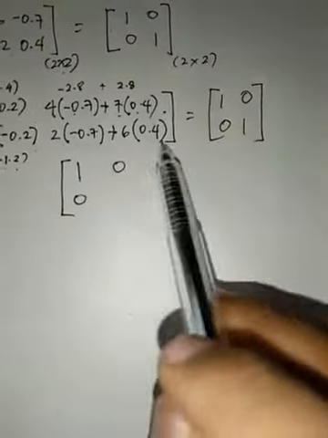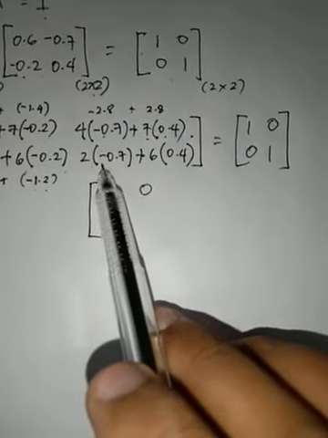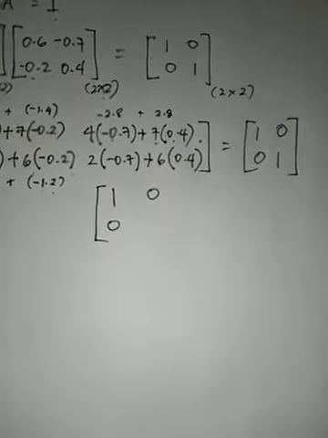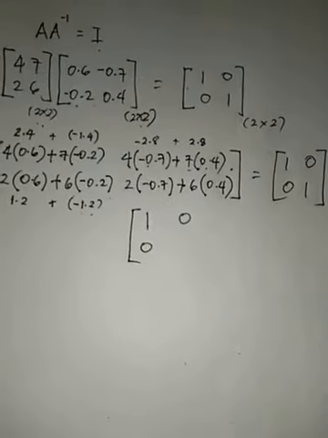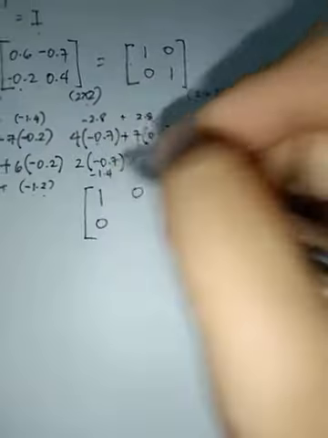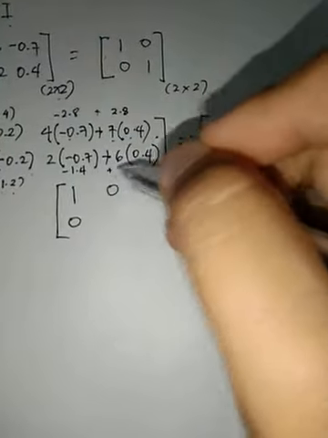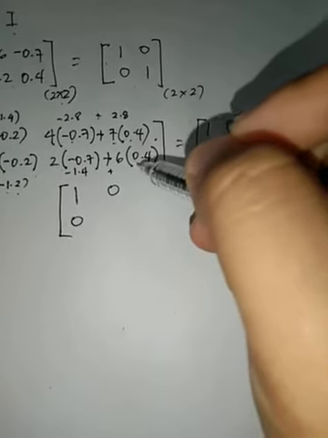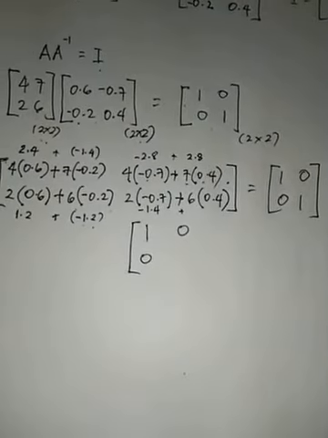This one, 2 times negative 0.7, that is negative 1.4, diba? Then plus 6 times 0.4.